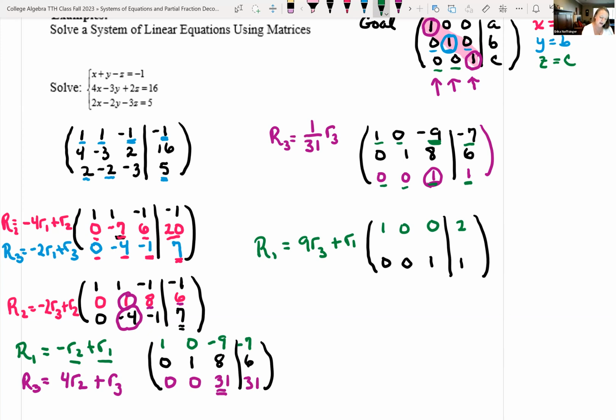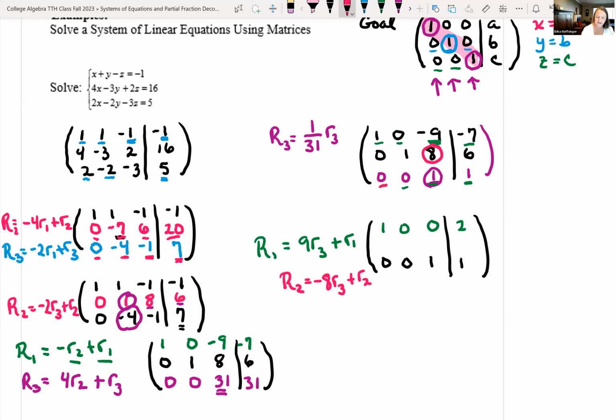And now we're going to go to row 2, and we want this 8 to be a 0. I can manipulate that to be a 0 by my new row 2. Let's look at -8 times that row 3. And then if we sum it to row 2, that 8 will go away.